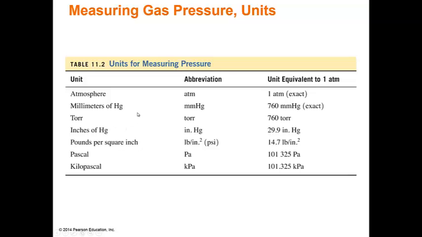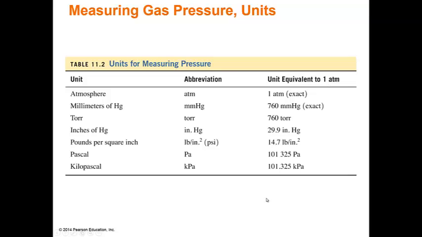This is what I like most, one of these tables for the units for measuring pressure. So we've got atmosphere, 1 atm exact, millimeters of mercury, and so on. We can do inches of mercury because we're Americans and we like inches. Pounds per square inch, PSI: 14.7 pounds per square inch is equivalent to 1 atm.